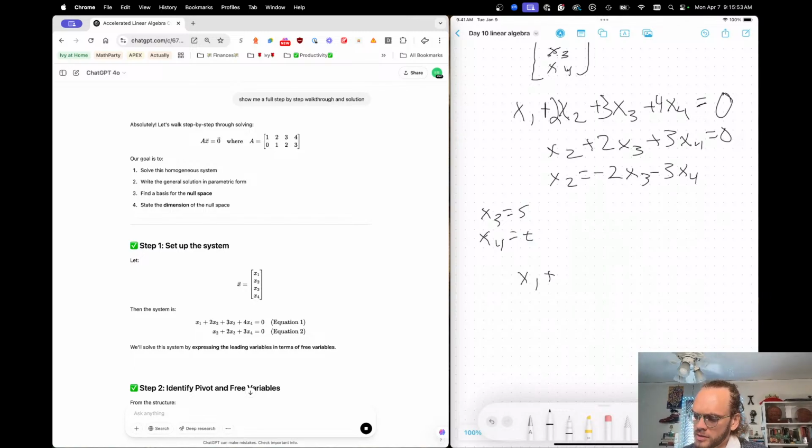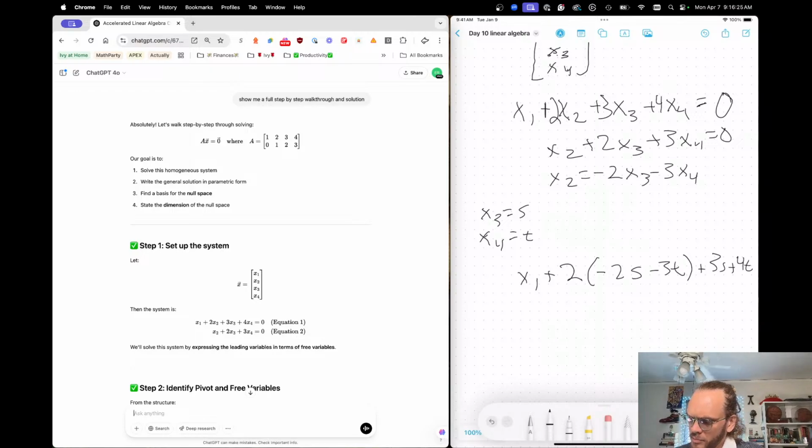So this first equation can then become x1 plus 2, this is okay, negative 2 x3 minus 3 x4. That's what x2 is. Plus 3, wait, instead of x3 and x4, I'm just going to say s and t. So s minus 3t plus 3s plus 4t.